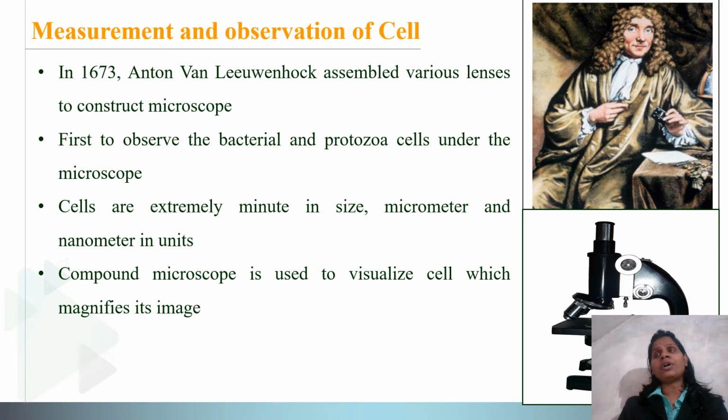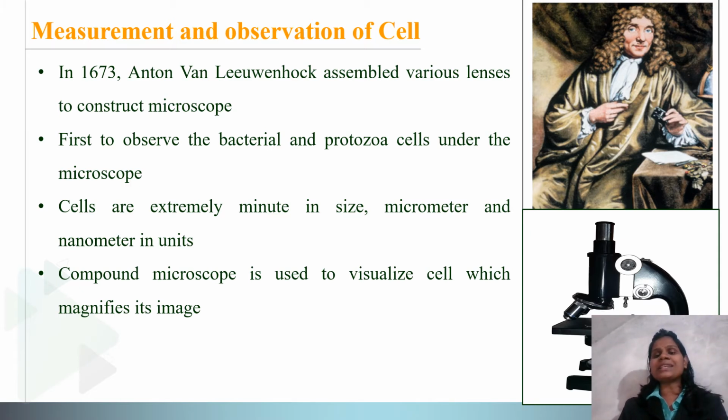Antony van Leeuwenhoek was the first to observe the bacteria and protozoa cells under the microscope. Now, you may be thinking, what is this microscope? As the word itself tells, micro means small and scope means to visualize.